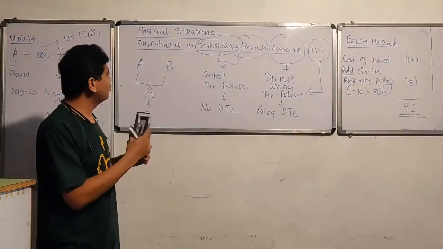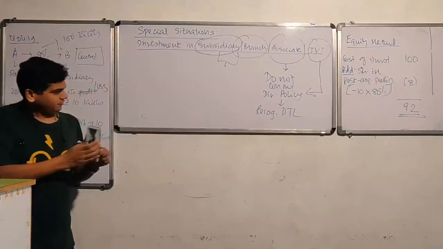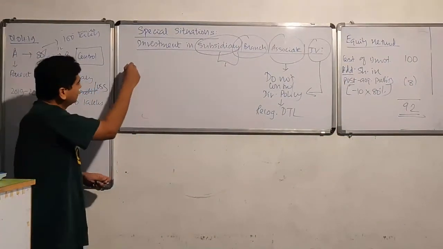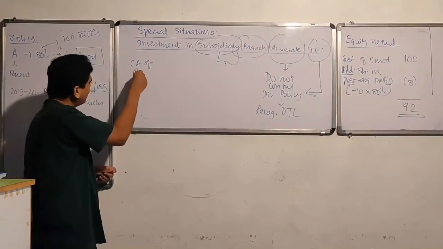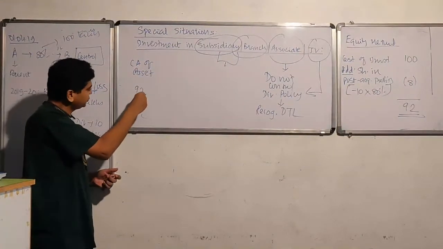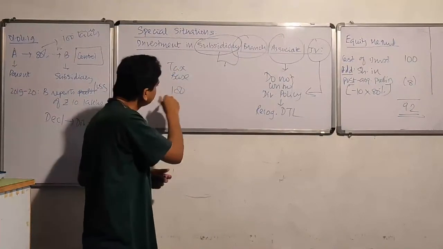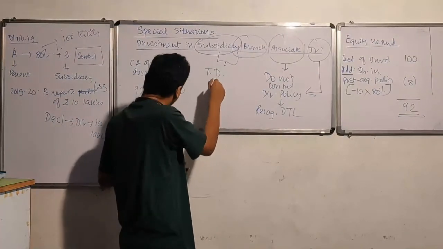I hope you understand what will happen this time. So I am getting carrying amount of 92. So I say carrying amount of asset in balance sheet, of course, it's turning out to be 92. Look at the tax base. The tax base will be the cost, which is 100. So I work out the temporary difference.